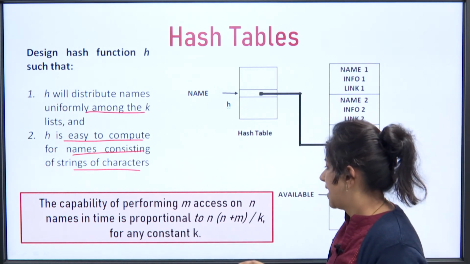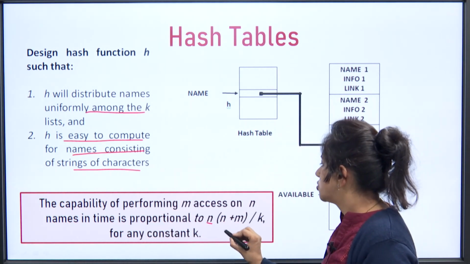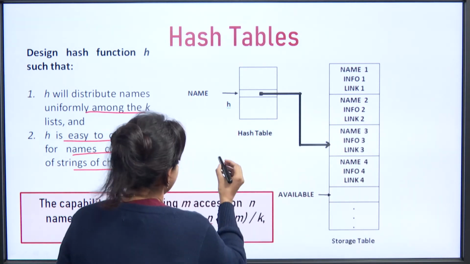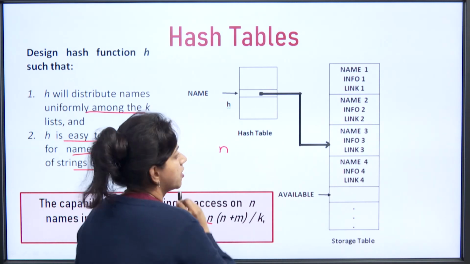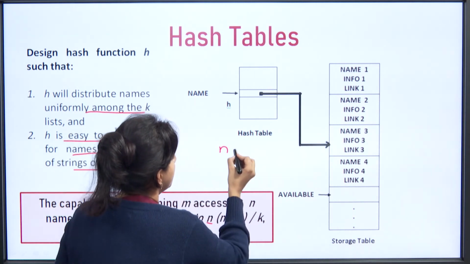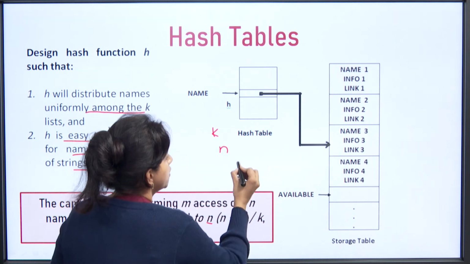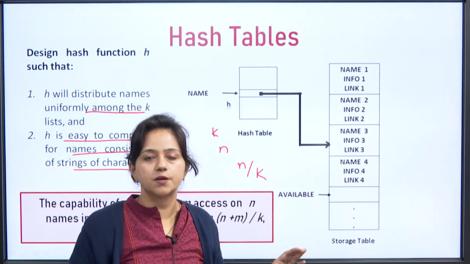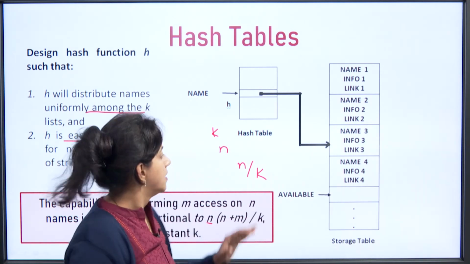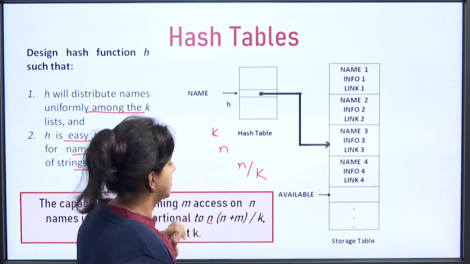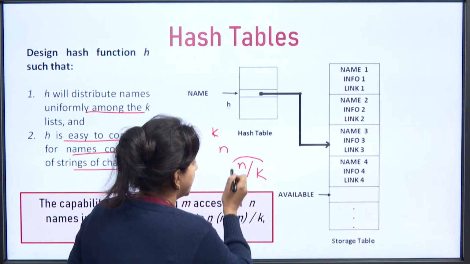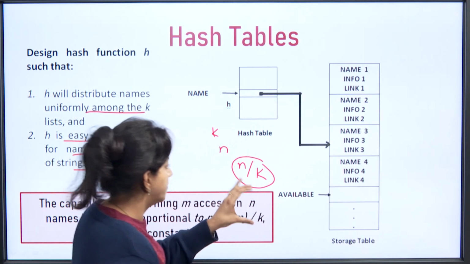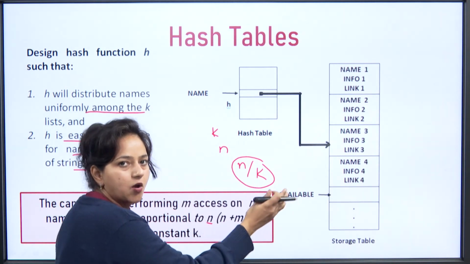Now, what will be the complexity? It will be n into m plus m by k. Here, suppose there are n number of records and k number of hash values. On an average we can say if the records are uniformly distributed among all k lists, k hash values, k buckets, then for a particular hash value there will be only n by k number of records.